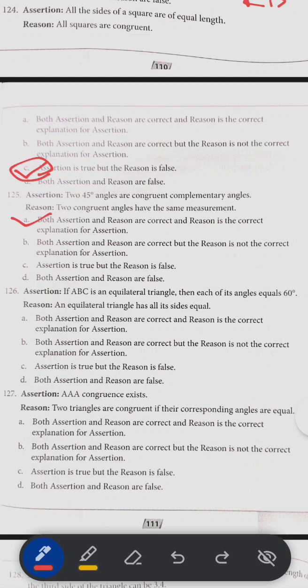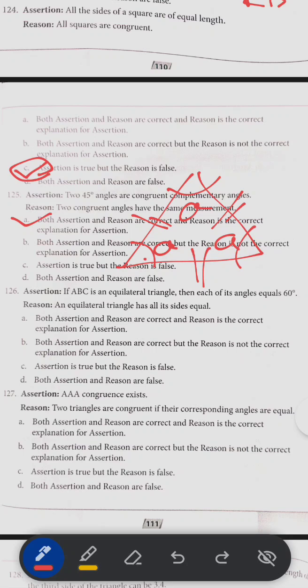Now, question number 126. If ABC is an equilateral triangle, then each of its angles is 60 degree. That is correct. An equilateral triangle has all its sides equal. Yes, all the sides are equal, and that's why we can find out that all the angles are 60 degree. Let me show you how. As these two sides are equal, these two angles are equal. Let them be A and A. When these two sides are equal, this angle and this angle will also be equal.